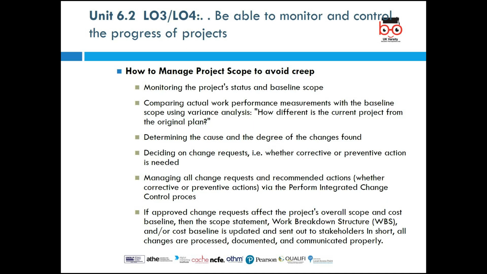So if we want to avoid creep in the project, we have to constantly monitor the status of the project, compare it with the baseline scope, and see if there is any difference. If we're able to do that regularly, then we'll be able to avoid any creep in the project.